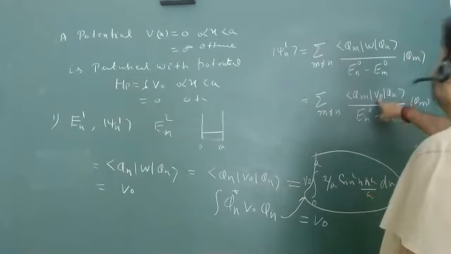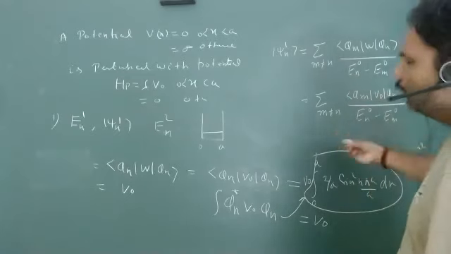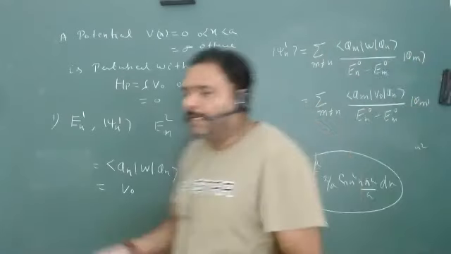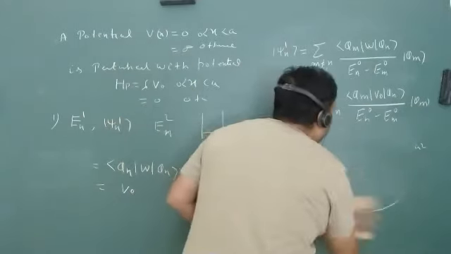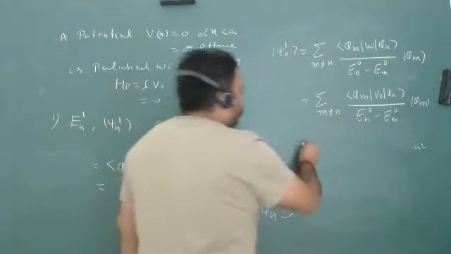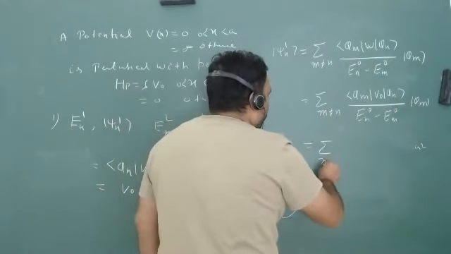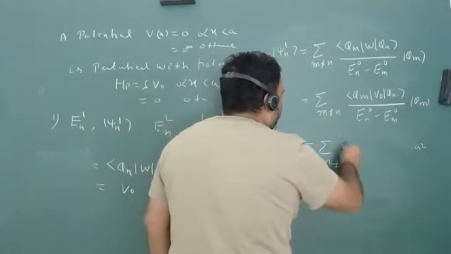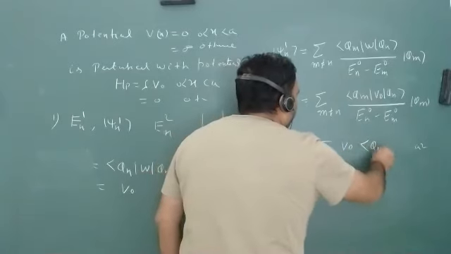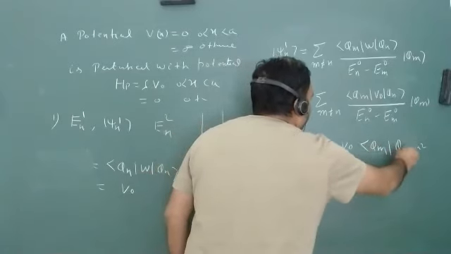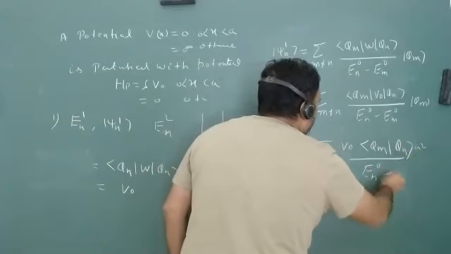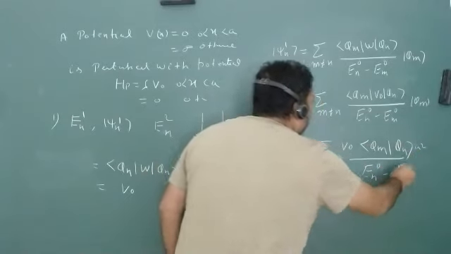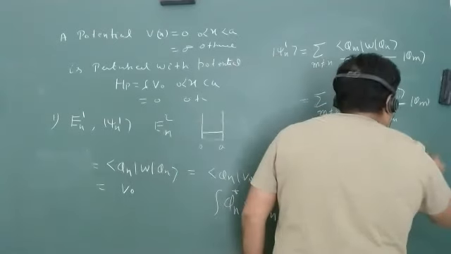So this is a constant. A constant will operate on phi m or phi n and give you the same thing, and you can take it outside. So what will happen? This value is the sum over m not equal to n. You can take v naught outside, phi m phi n, and you have en0 minus em0, and phi m.